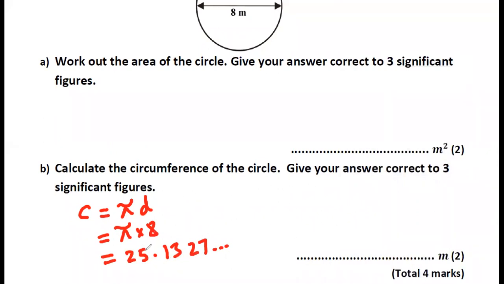So I'm going to just look at the first 3 digits only, 2, 5, and 1. So the next digit, 3, is going to decide this time. As 3 is not 5 or bigger, that's why I will just round this number to 25.1 only.